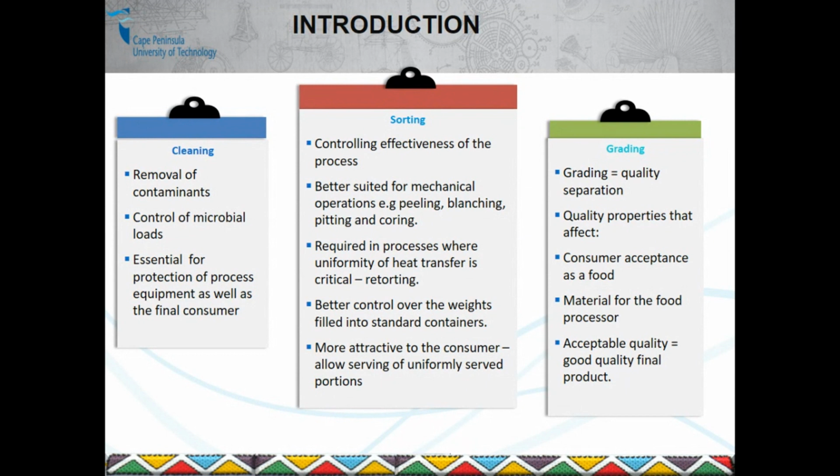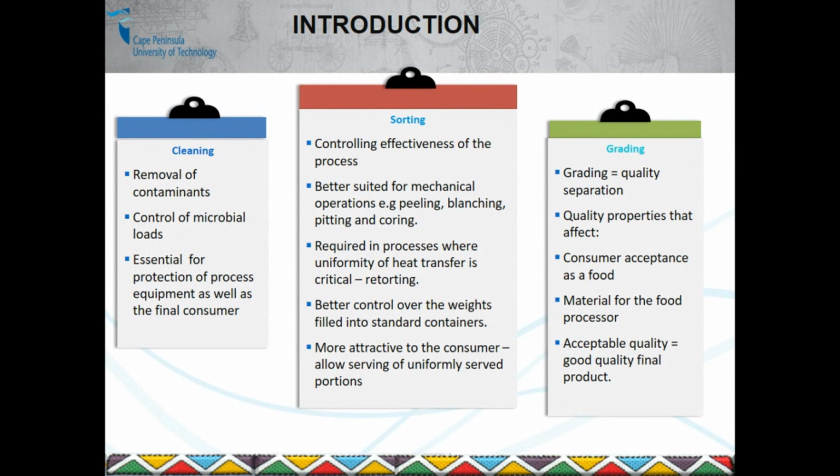Sorting also ensures that there is better control over the weights which are filled into standard containers. So for example, if you're going to have canned peaches, right, when these are filled, you need to make sure that the size is the same or the shape is uniform so that you can fill your products correctly.